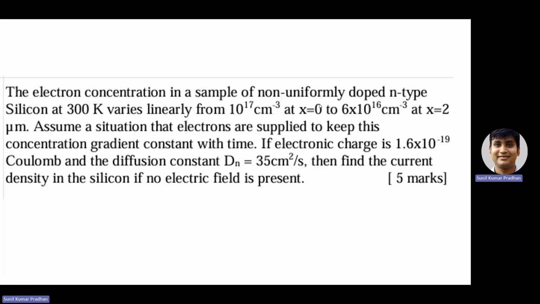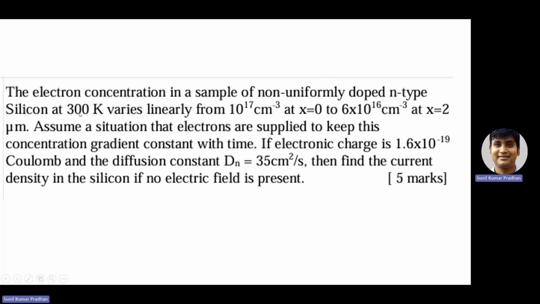So the concentration gradient is given, with respect to distance. Now, assume that the electrons are supplied to keep this concentration gradient constant with time, and electronic charge, as you know, is 1.6 into 10 to the power minus 19 coulomb, and diffusion constant is 35 centimeters square per second. Then find the current density in the silicon if no electric field is present.